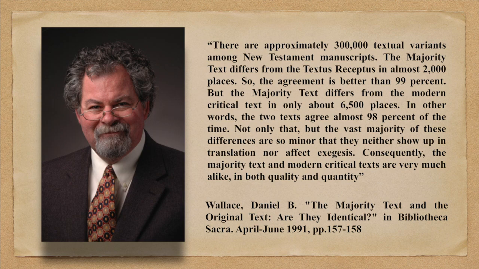The majority text differs from the Textus Receptus in almost 2,000 places. So the agreement is better than 99%. But the majority text differs from the modern critical text in only about 6,500 places. In other words, the two texts agree almost 98% of the time.